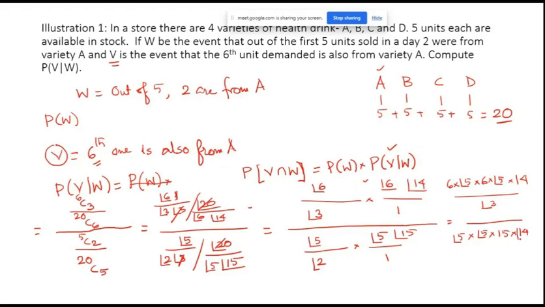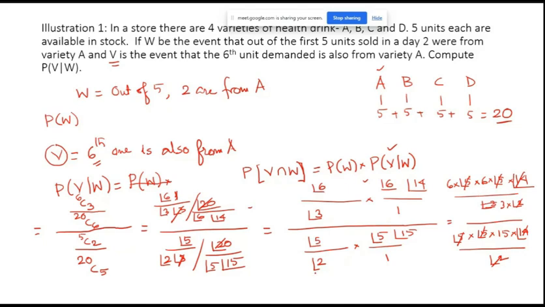So these 14 factorial get cancelled. Then this 5 factorial gets cancelled, 3 factorial I can write as 3 into 2 factorial. So the 2 factorial and 2 factorial get cancelled.